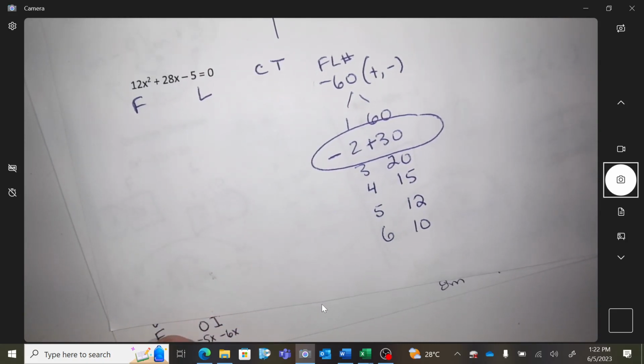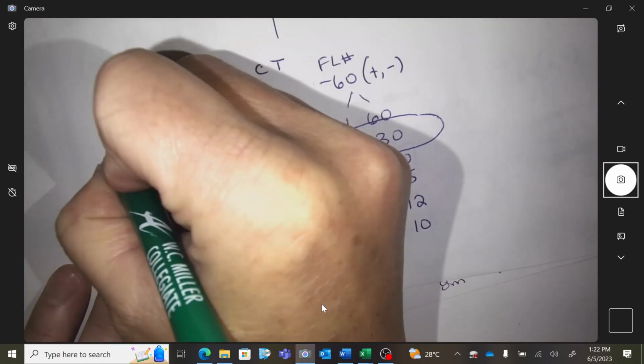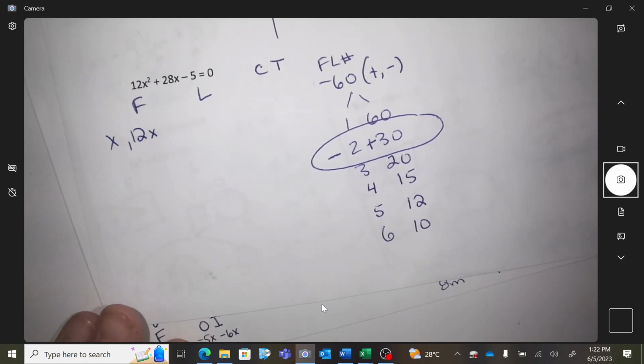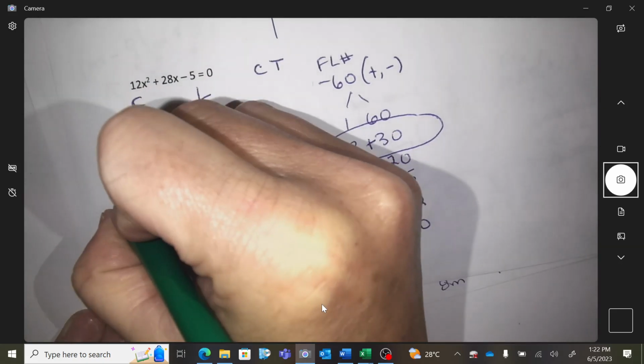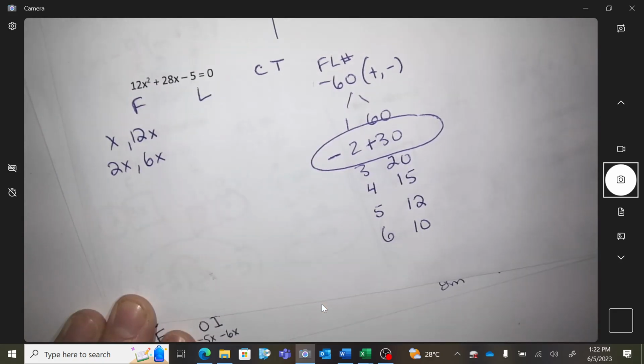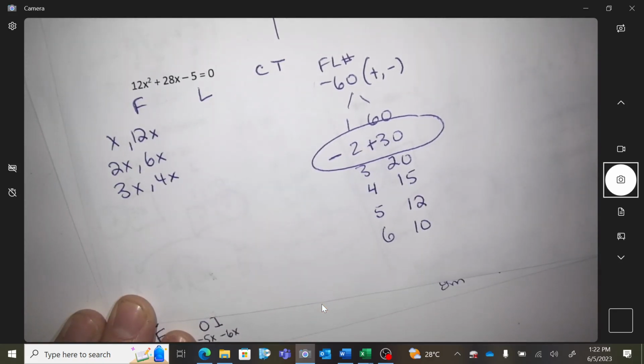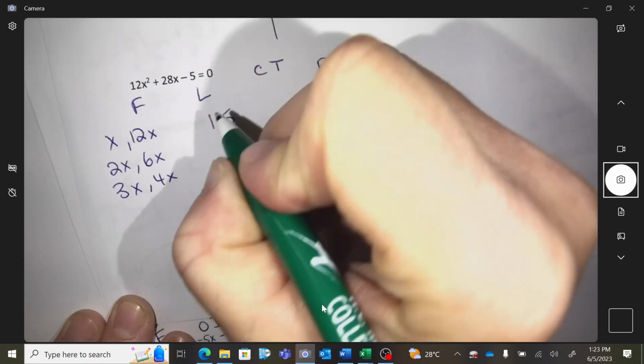Okay, now we're going to make our F list. How can you get 12x squared? 1x, 12x. 2x, 6x. 3x, 4x. How can you make a 5? 1 times 5.